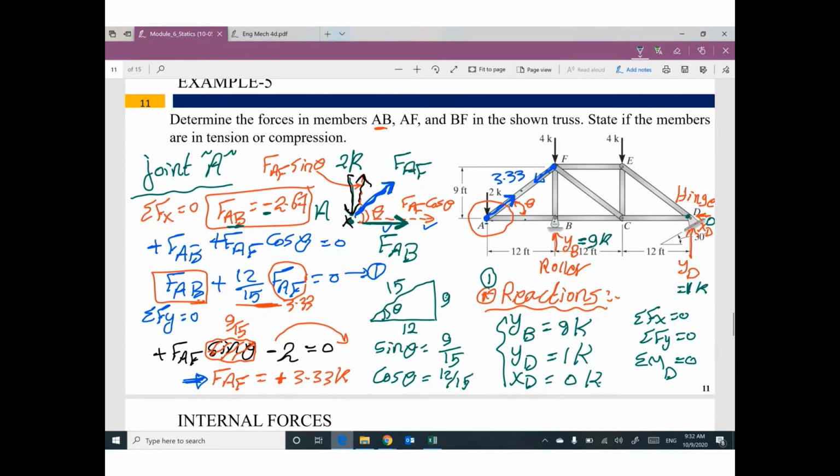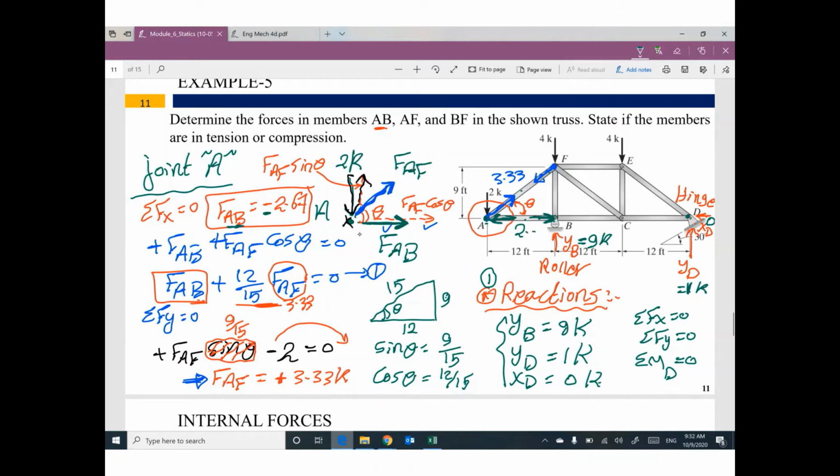So your correct direction here will be compression related to this joint and the compression related to the other joint on the other side. So the two arrows indicate compression, but this one indicates compression to joint A, the other one indicates compression to joint B. How much? 2.67.